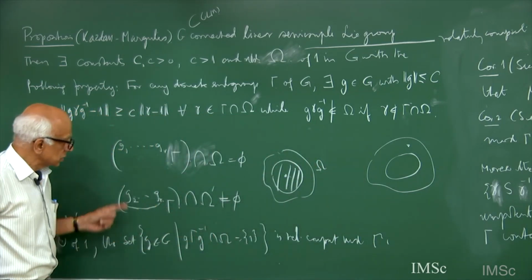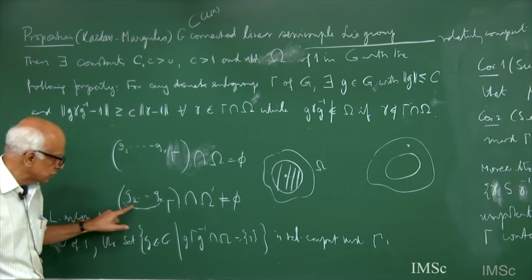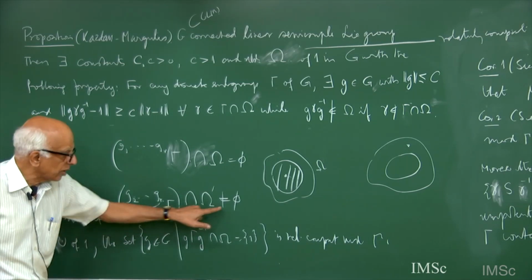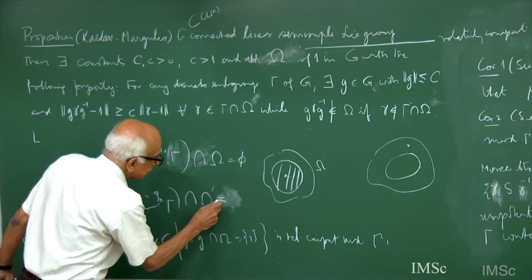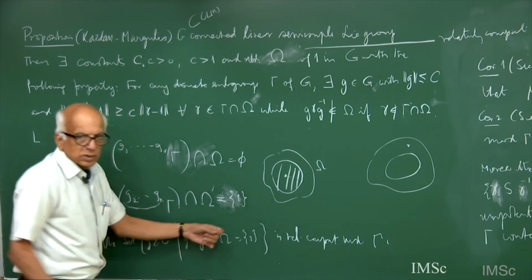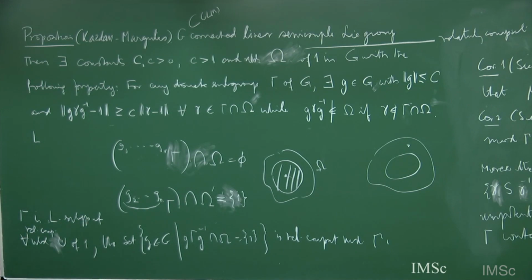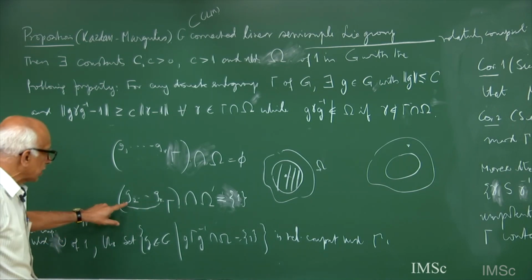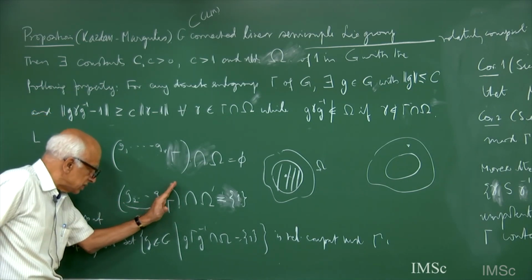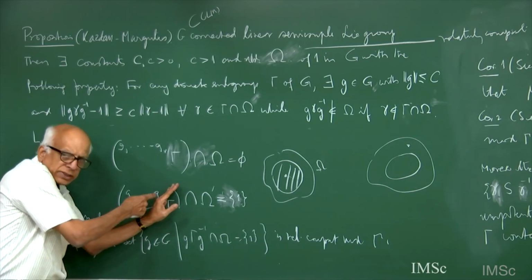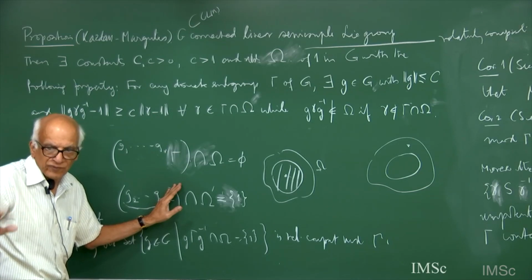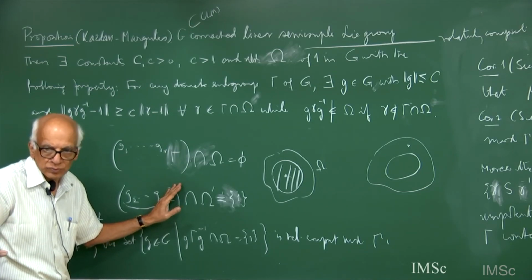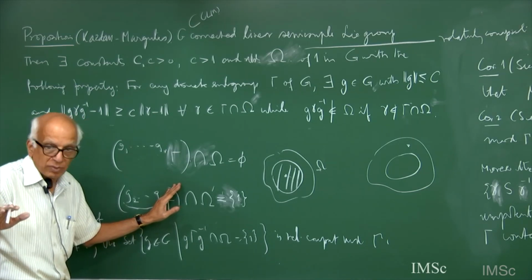Okay, so that means what? You take g_2 ... g_r gamma intersection omega prime; this set is going to be relatively compact. So the element g_2 ... g_r belongs to some fixed relatively compact set mod gamma.